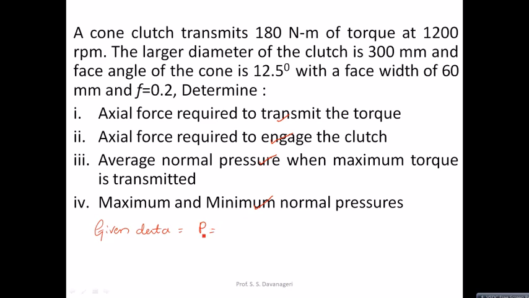So let us first note the given data. Torque is given, 180 Newton meter, speed is given, 1200 rpm, and the larger diameter, that is D0, the outer diameter, is 300 mm, and the face cone angle, alpha, equal to 12.5 degrees is given.